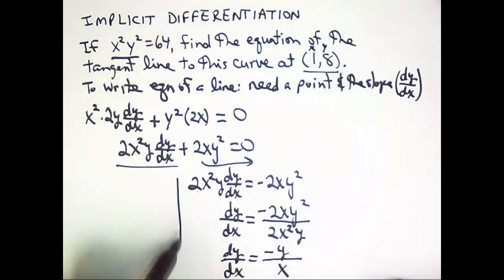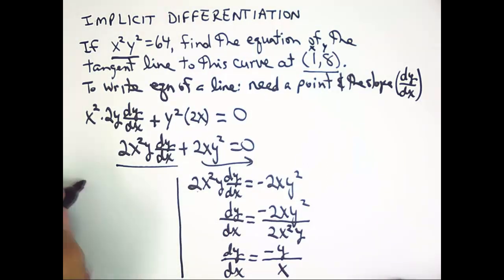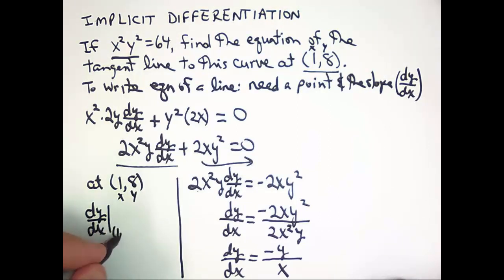So at the point 1 comma 8, dy over dx is going to be negative whatever y is, which would be 8, divided by whatever x is, which is 1. So the slope of the line that we're looking for is just negative 8 over 1, which is negative 8.